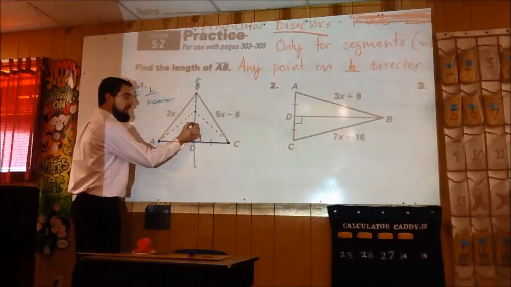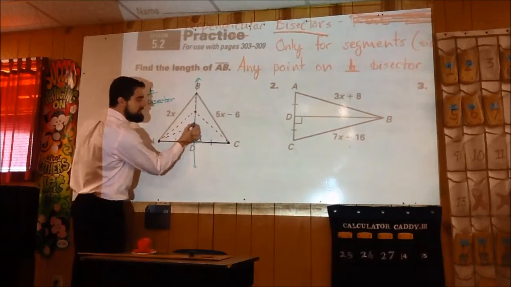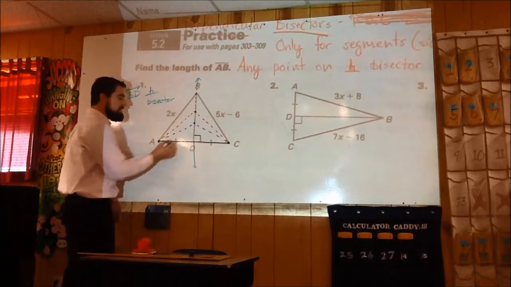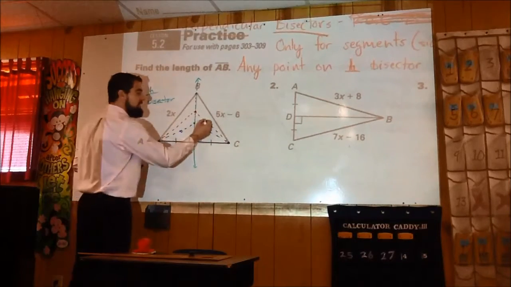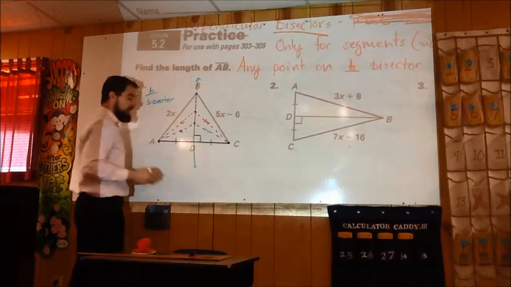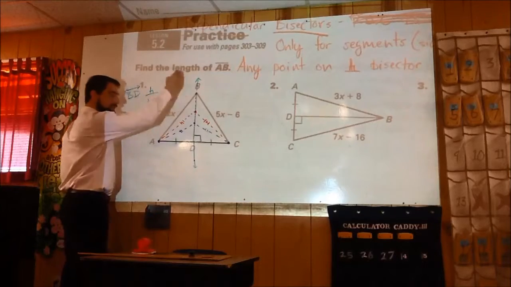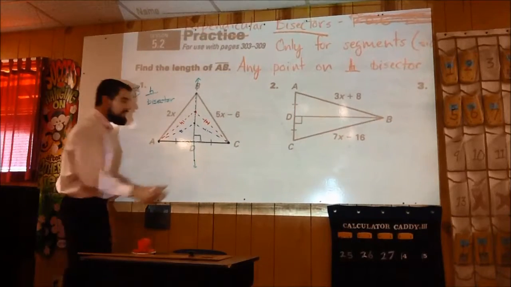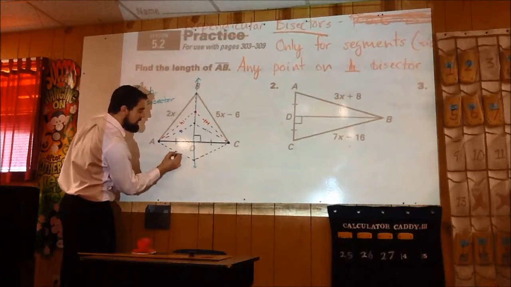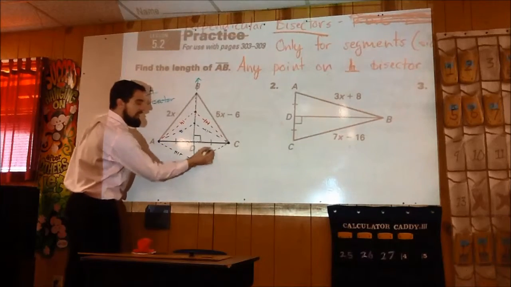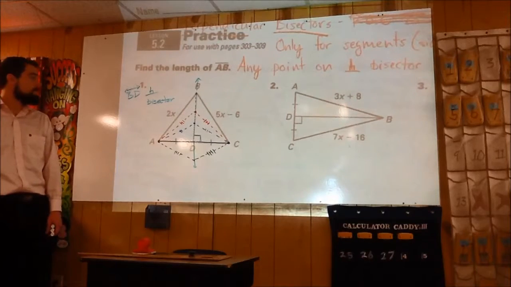As long as it's on the perpendicular bisector, that means it is equidistant from the two endpoints of that segment that's being bisected. Even if it goes below. So even if there's a point down here, it's still on the perpendicular bisector, therefore it is still equidistant from the two endpoints of the segment that's being bisected.